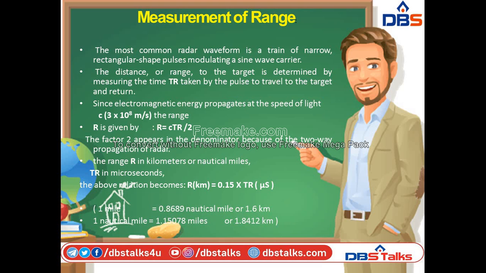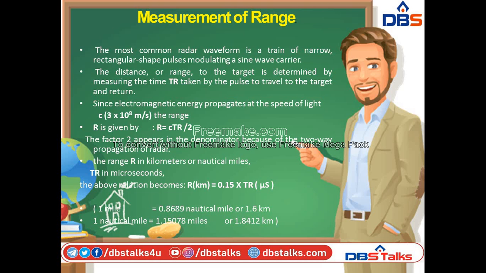So the distance or range will be calculated by measuring the round trip time. That is the time taken by the signal to travel from the radar station to the target and return back from the target to the radar station.